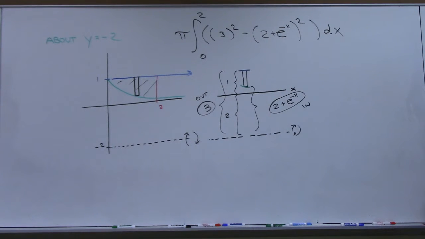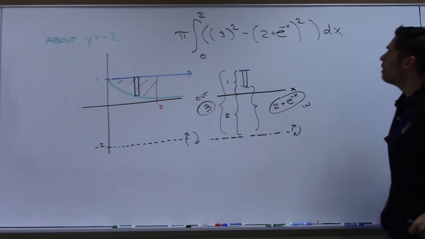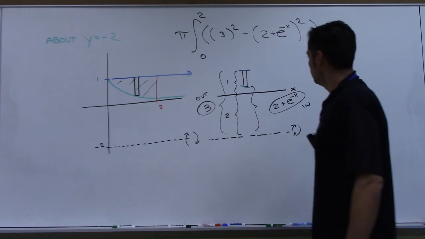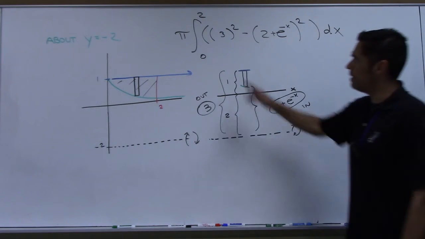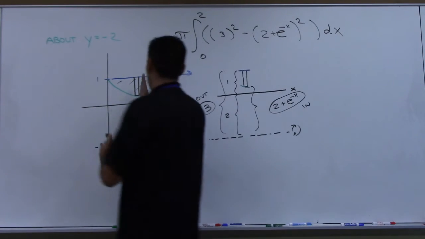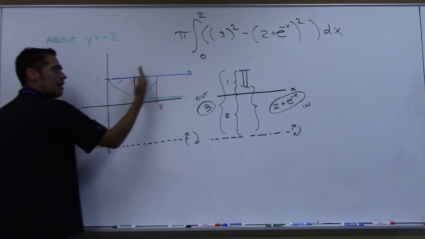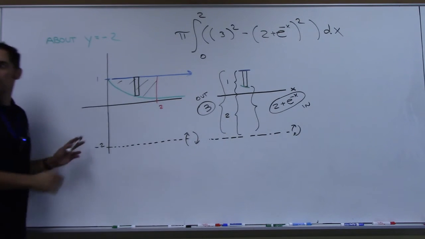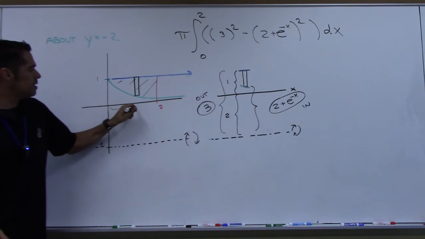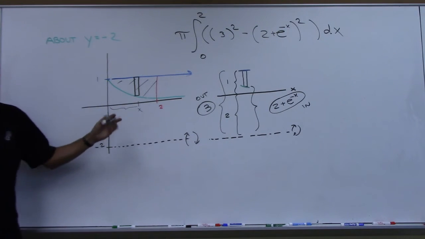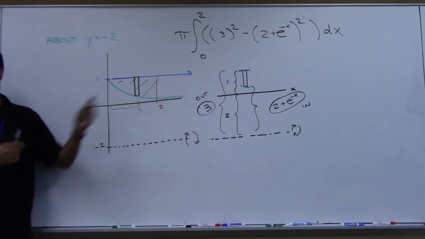Whatever that is. Positive 2, not negative 2. Well, remember, the rectangle slides left and right as a function of x, right? And so the x is actually the distance from here to the rectangle, and that x has to vary between 0 and 2.